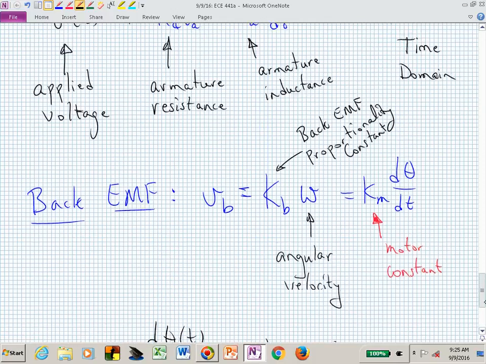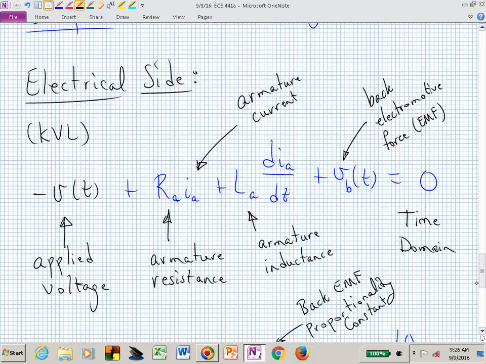And if I now make that connection, because V sub B is just sort of a new variable, if I replace that with K sub M theta prime, then I just have I's, V's, and thetas in my equation.